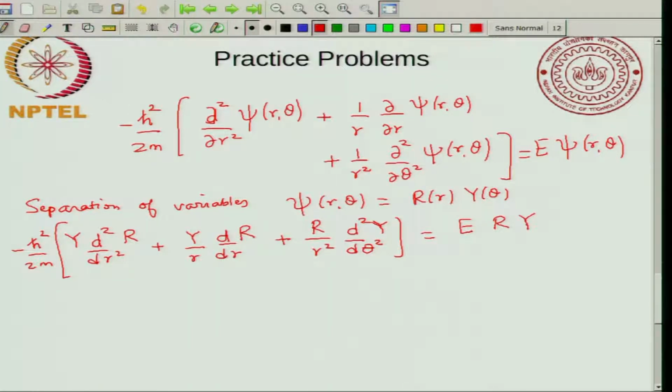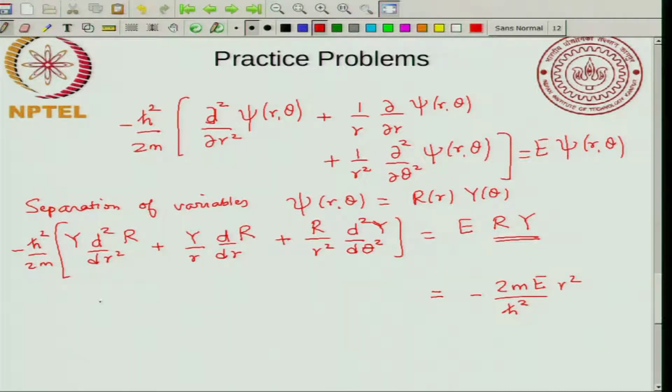Suppose I multiply by r square and divide by capital R times capital Y. Then what I will get is the following, and let me take this 2m E by h cross square on the right. So, what I will get is minus 2m E by h bar square times r square, and I have divided by R Y, so I will not have the R Y term.